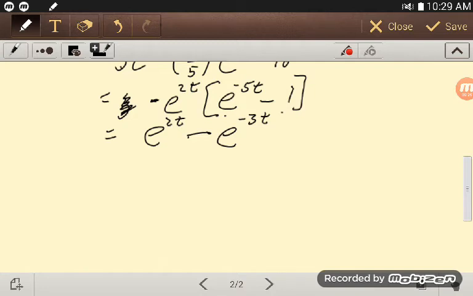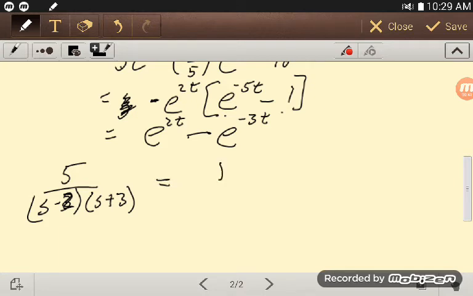Now, partial fractions, that was our other way to do this. And what you can pretty quickly show, minus 2, s plus 3, so we have that, is that the partial fraction answer to this thing is 1 over s minus 2 minus 1 over s plus 3.